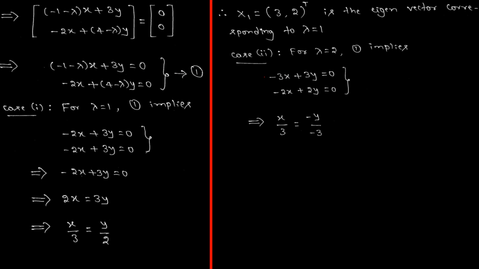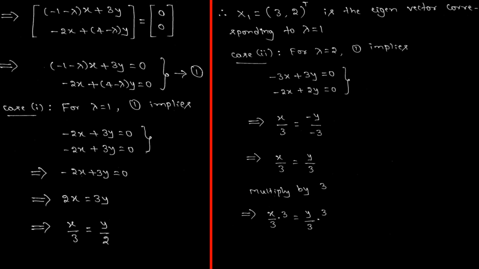Let us take one of the equations, say equation 1, and cross multiply. If you cross multiply, you will get this. Minus and minus will get cancelled. Therefore, now what we can do is multiply by 3.